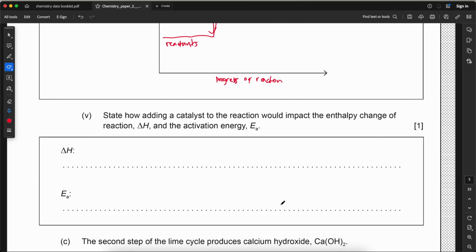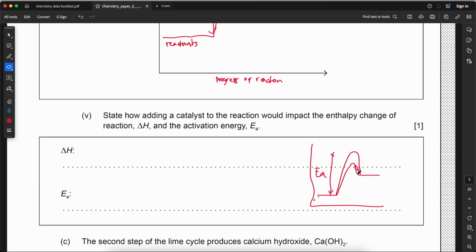State how adding a catalyst to the reaction would impact the enthalpy change of reaction, delta H, and the activation energy. If we draw the curve, this would be the same as the one above, and this would be the activation energy. When you add the catalyst, it will be slightly lower down here.